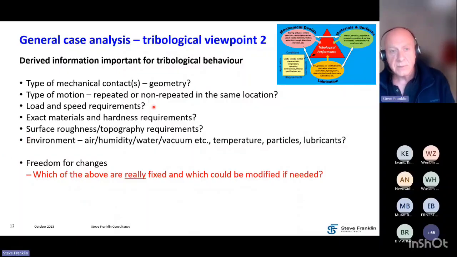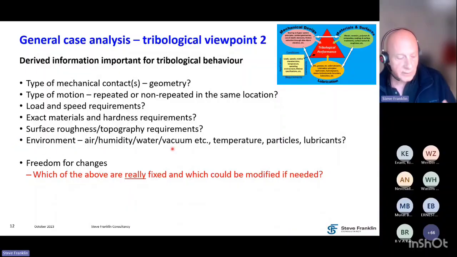Load and speed requirements, obviously, are important. Whether there are specific materials that need to be used in a particular application, or particular hardness requirements, roughness requirements, and lastly, but certainly not least, the environment.